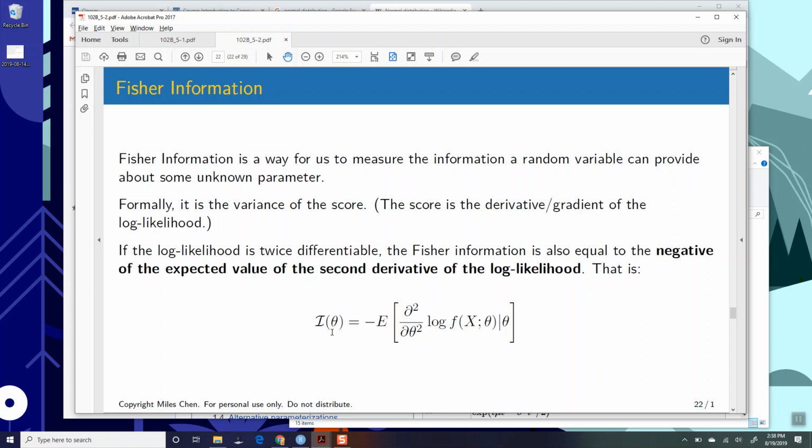So if we think of how pointy, or how much curvature, there is in my log likelihood function, the Fisher information is related to that. The amount of information that we have about our parameters is related to how much curvature there is in the log likelihood function.